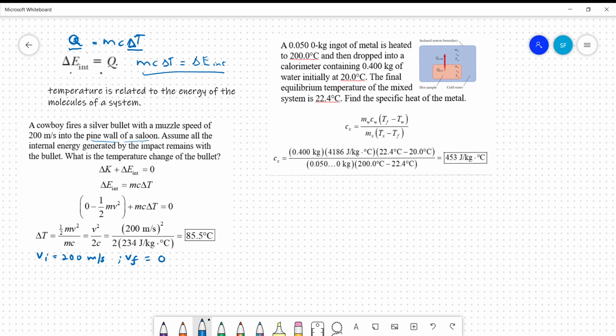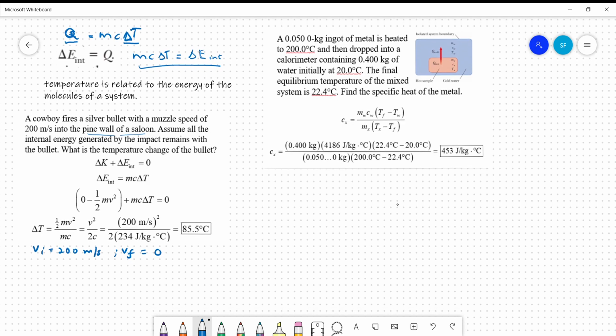Here we are going to apply the conservation of energy. If you still remember, the conservation of energy states that the total energy is always constant. So we have Ki plus Ei equals K final plus E final.